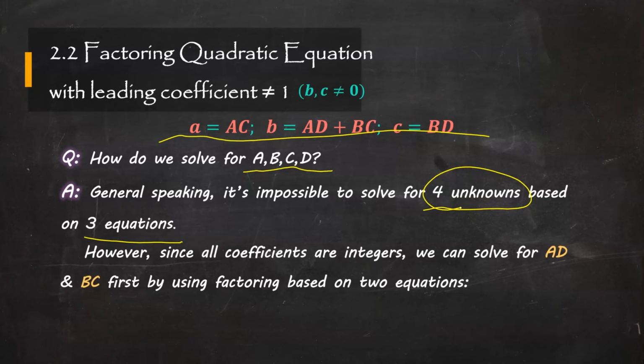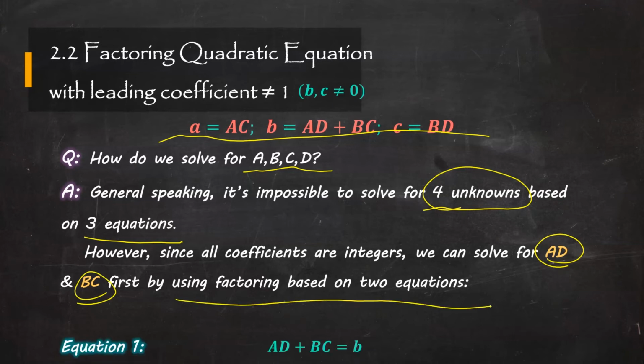However, here we already made the assumption that the coefficients are integers. So we may have a chance to solve for AD and BC first, right? By using factoring based on the 2 equations.